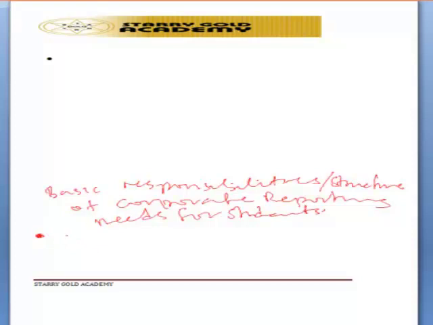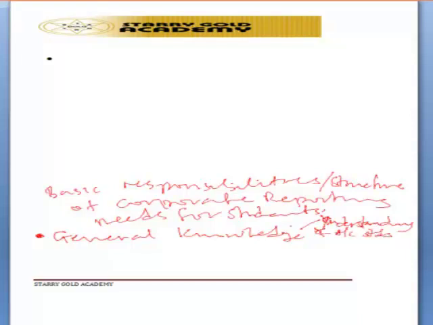But at this level, you are expected to have some understanding of general knowledge. Now, your general knowledge can be your understanding of previous accounting standards, your understanding of accounting standards. Then part of your general knowledge is your synthesification.